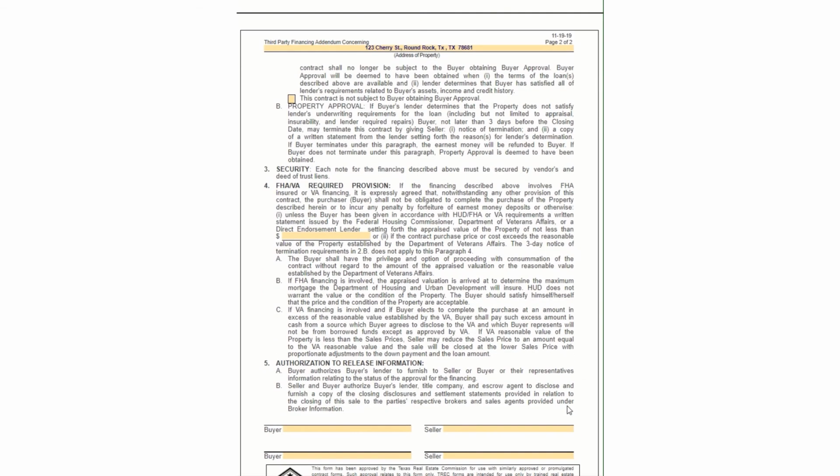So here, if it's an FHA or VA, they're going to want to see the appraised value come in at the contract price. So you're going to put the contract price in this blank. So I'm going to put in $400,000.